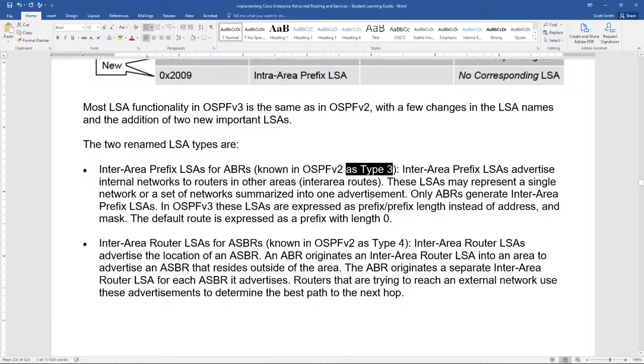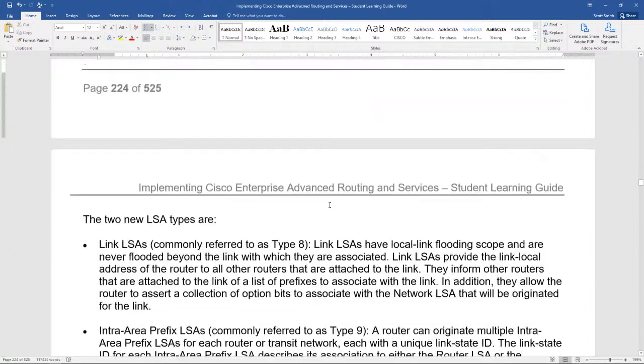We know what the purpose is of an inter-area prefix LSA. It's used to represent a summary network of all those type 1 LSAs from other areas. All right. But we do have the inter-area router LSA as well. That's type 4. So those are the renamed ones. I talked about those just a minute ago.